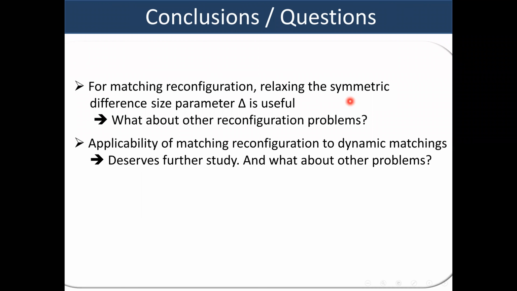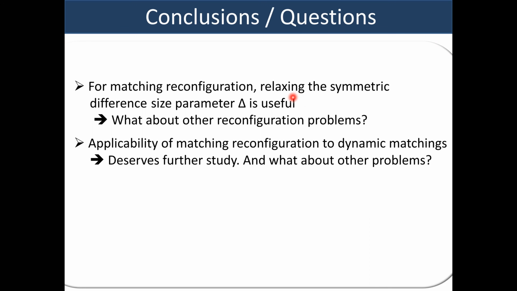Now, I'm not going to give any technical details behind the proofs of these theorems. I chose to focus on the statements themselves and also on the descriptions of the settings, particularly the dynamic setting. But I want to conclude with the following.